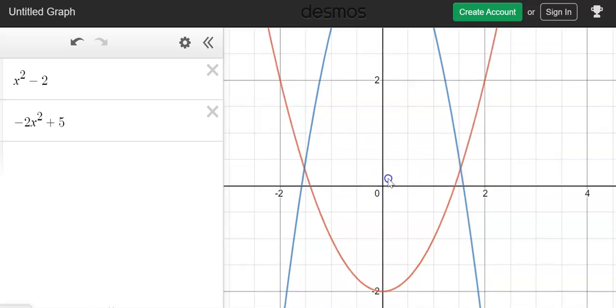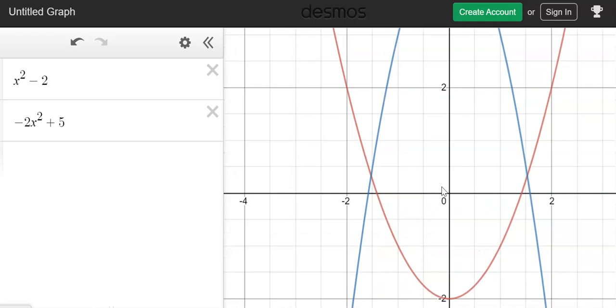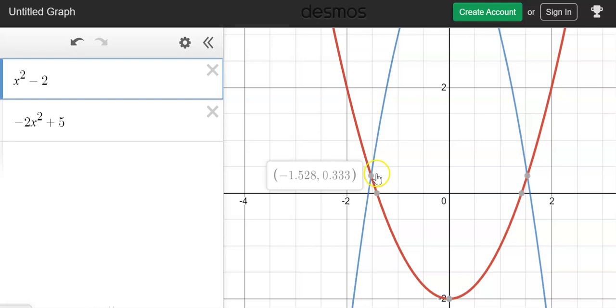And if you put in your calculator the square root of 7 thirds, you'll find that it comes out to something very close to 1.528. And then 1/3, of course, is 0.333 repeating.